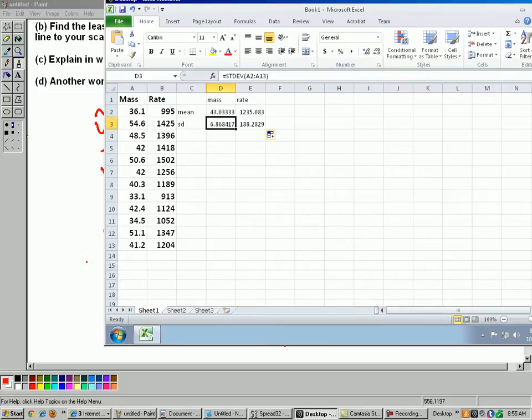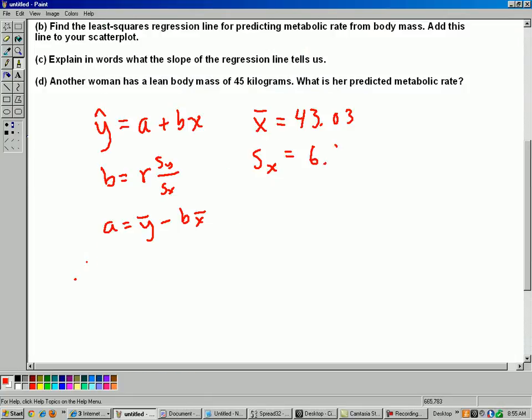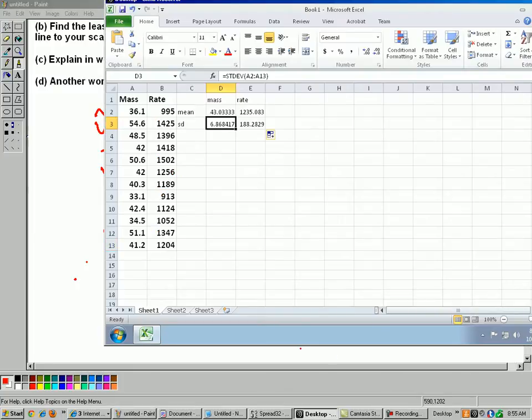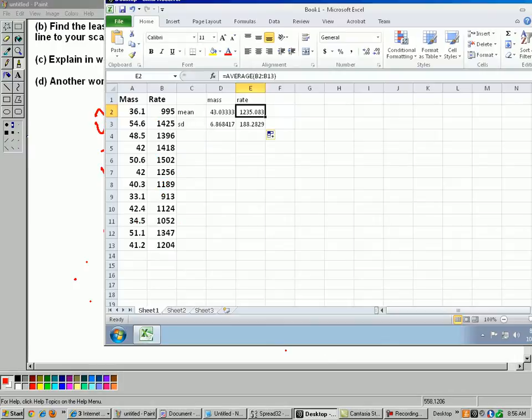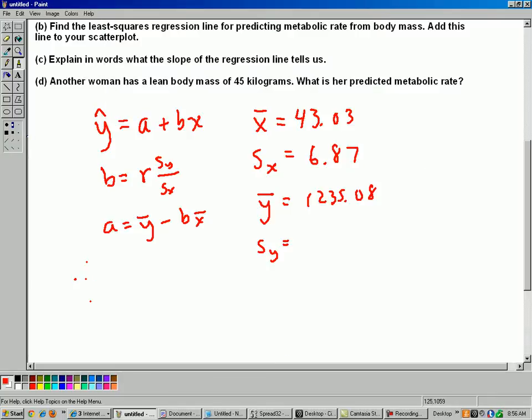I'll round this. How about 6.87? All right, 6.87. The mean of the y's, the mean of the rates, is 1235.08. And then the standard deviation of the y's, the standard deviation of the rates, is 188.28.